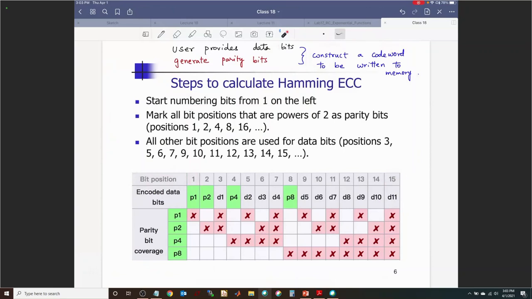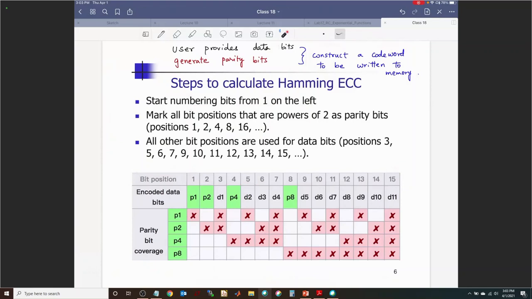Why is this 15? Because you guys said code word length should be 15. The code word itself should be a combination of parity bits, that are redundant bits, and data bits. But in total, they are 15. And for this particular example, I'm using 4 parity bits.